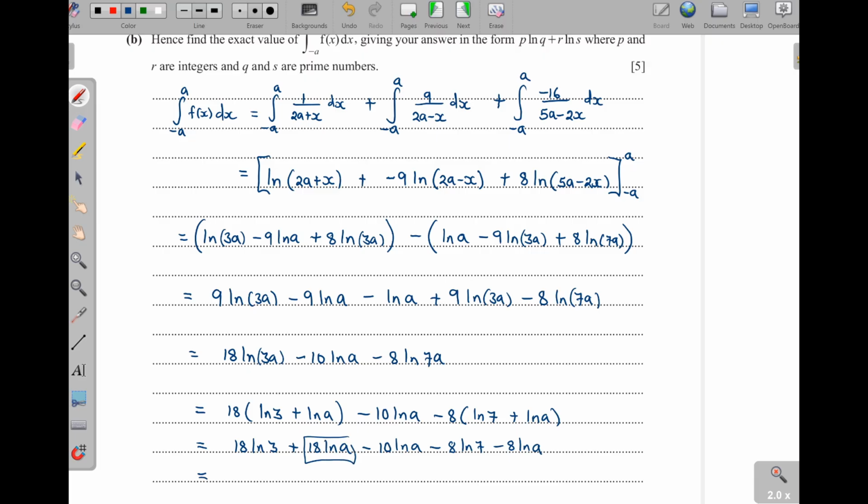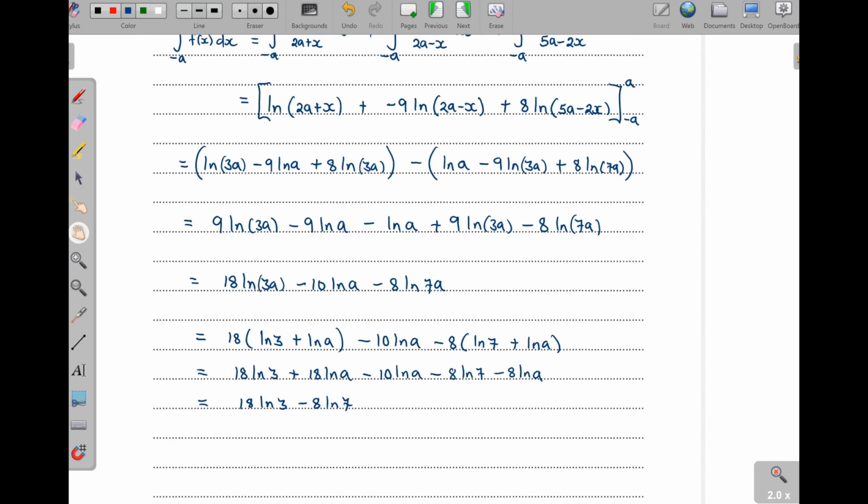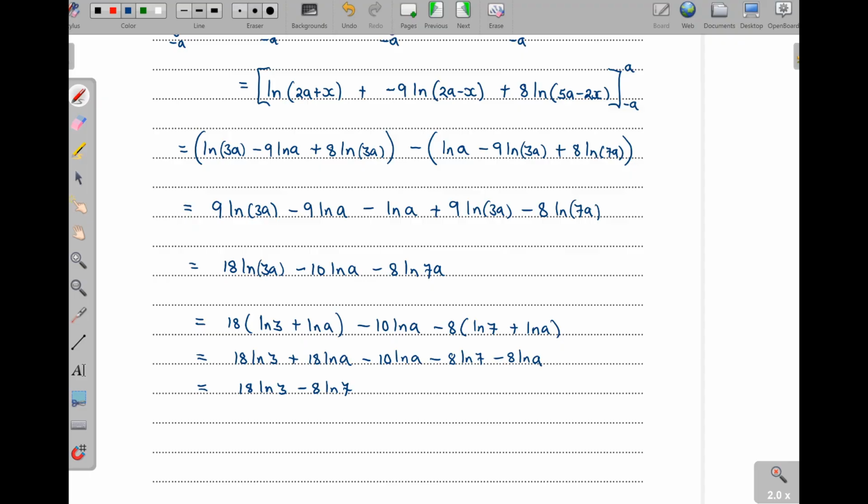This is 18, then minus 8. No. 18 minus 10, you get 8, then minus 8. So that means natural log of a disappears. You see that? Then we remain with 18, then natural log of 3, and then minus 8, natural log of 7. And I think that is our final answer.